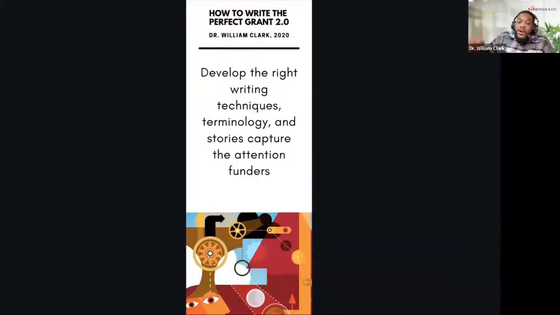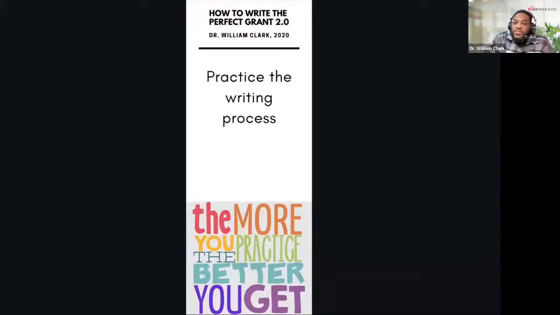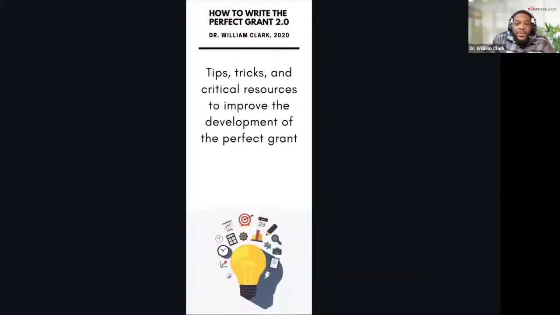Also, develop a storytelling approach. There's a guy, I think his name is Andy Goodman. He has great framework around how to tell an effective story and practice the writing process. So it's a nonstop process of practice, et cetera, et cetera, et cetera.